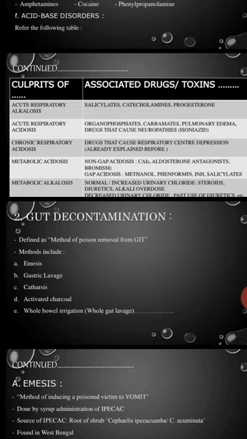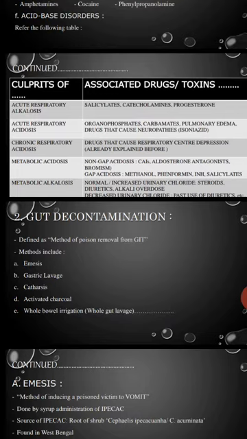What is decontamination? Decontamination is a method of removing poison from the GI tract. If the patient has ingested the poison orally, then only this decontamination is helpful. Sometimes it is helpful for injected poisoning, especially morphine poisoning.